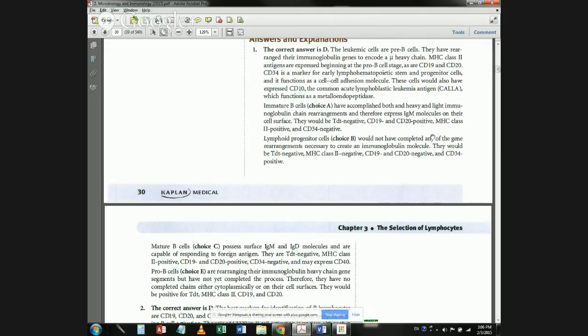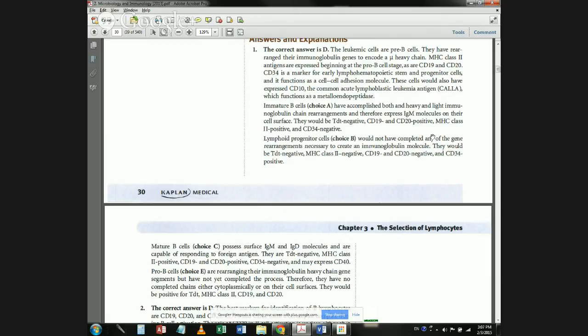Okay, then you become a pro-B cell. Pro-B cells are rearranging their immunoglobulin heavy chain gene segments but have not yet completed the process. Therefore, they have no completed chains either cytoplasmically or on their cell surfaces.